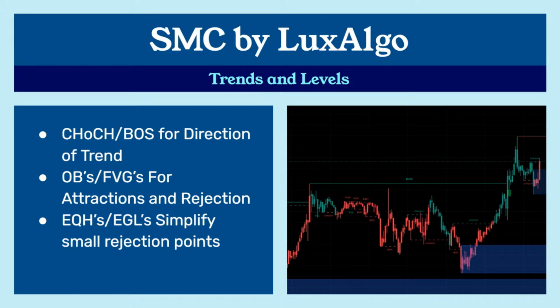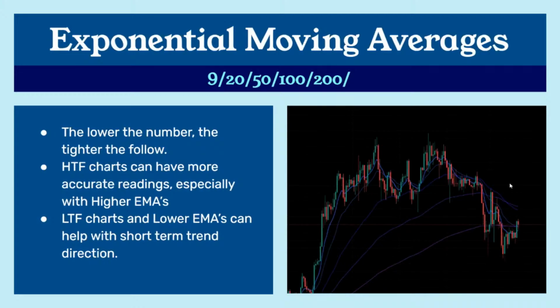Because the EMAs are great. They're a great point to indicate where it's going and what it's going to reject off of. However, it's fluid. So any sort of strong push in volume, like right here, this red candle pushes down and comes right underneath that 9 EMA.